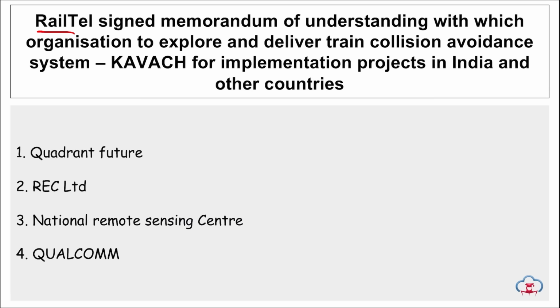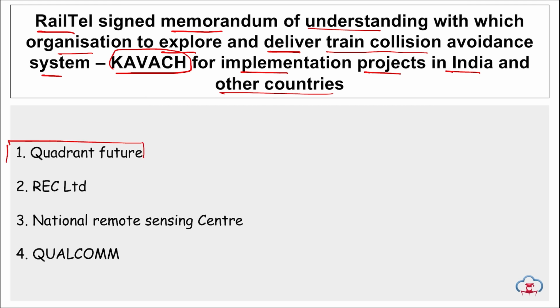Moving on. Railtel signed a memorandum of understanding with which organization to explore and deliver the train collision avoidance system, that is Kavach, for implementation projects in India and other countries. So Railtel signed an MOU with Quadrant Future, take a note of this, a Mohali, Punjab based organization.